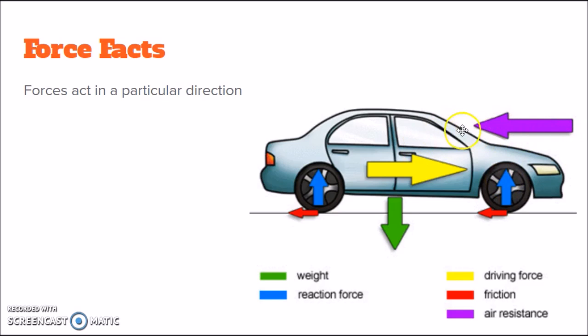The air resistance is pushing backwards on the car. The weight of the car is pulling down on it, but the reaction force from the ground is pushing up on the car. And then, of course, when something's moving, there's always friction, and that's moving the opposite way of the way that the car is going. So forces always act in a particular direction.